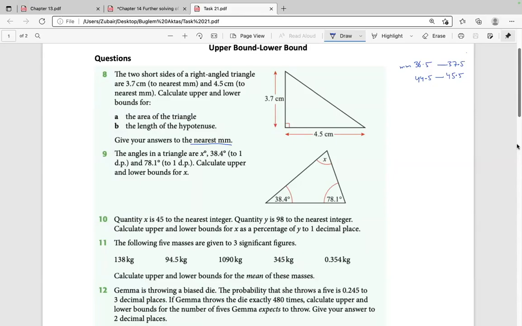Now I'm getting a different answer. Okay, I got 853.125. Yes, this is it. So upper bound is 1 by 2 into 37.5 into 45.5 and we get 853, and it says to the nearest millimeter.